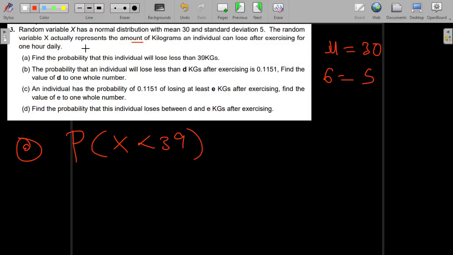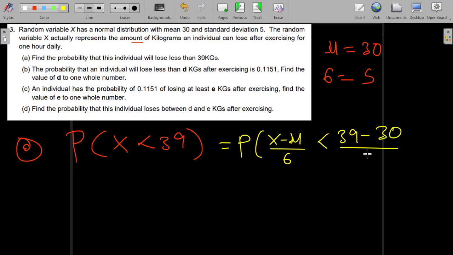We can convert this to Z values: P of (X minus the mean) divided by the standard deviation, less than (39 minus the mean, which is 30) divided by 5. So this will be the probability that Z is less than 9/5.